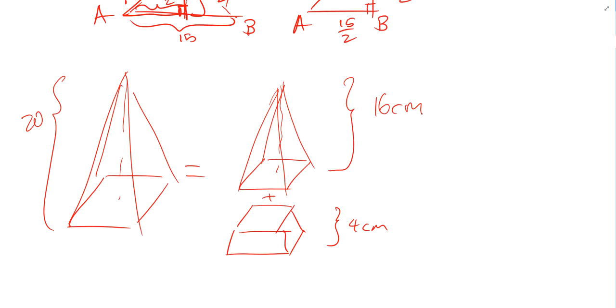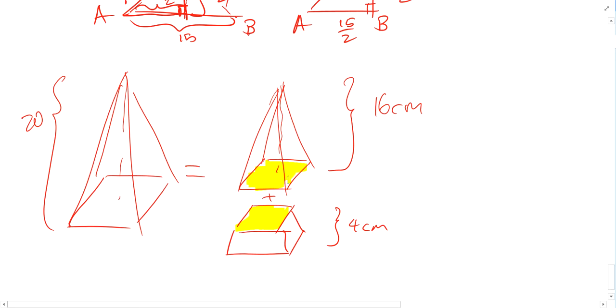The two pyramids, right? Okay. And now I'm going to highlight this area that they want us to find, which is known as TQRS. Isn't this the same as this square over here? Must be the same square.